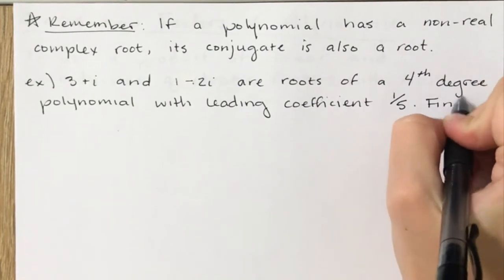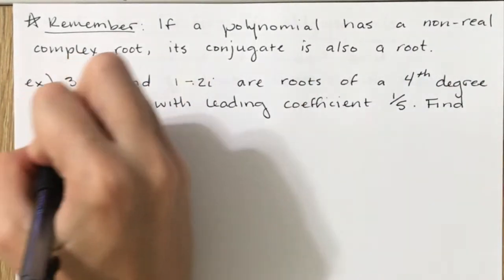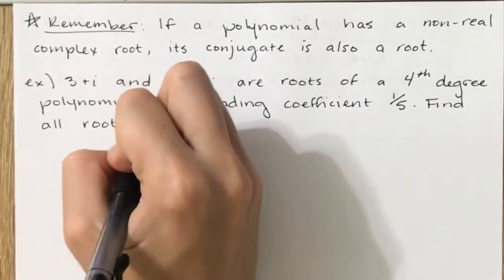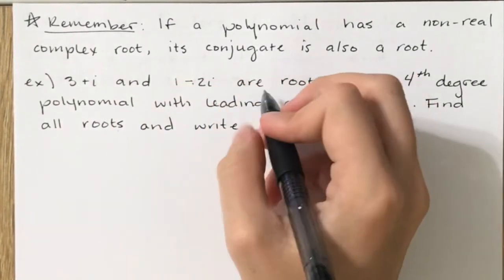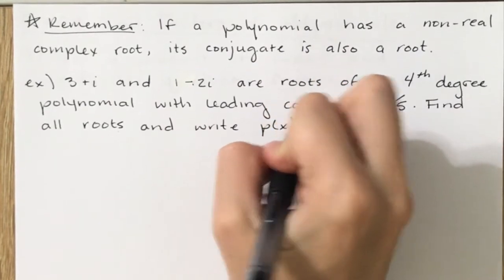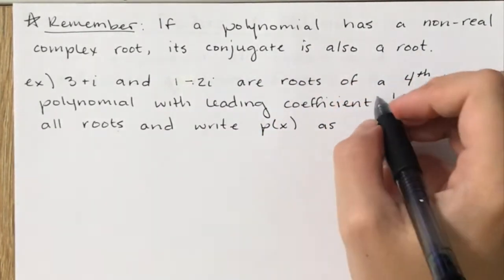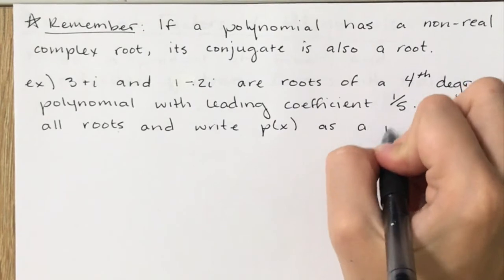Find all roots and write this polynomial, we'll call it P of x, as a product of linear factors.